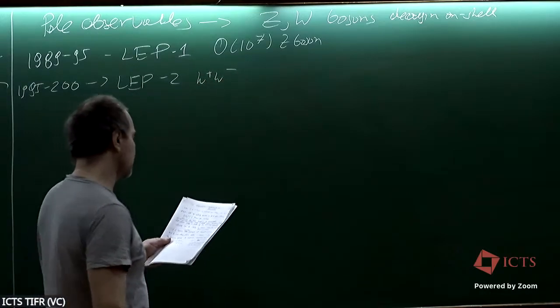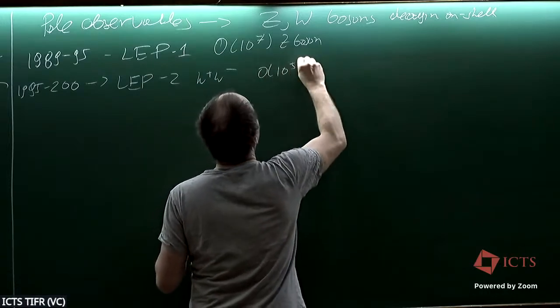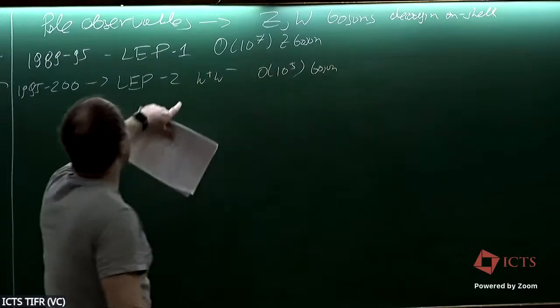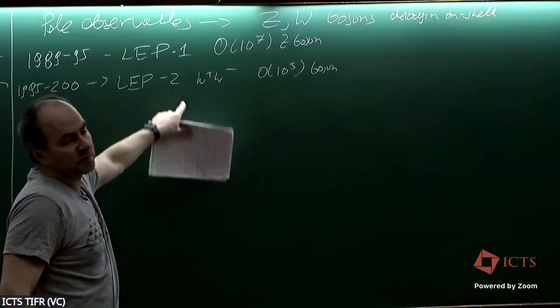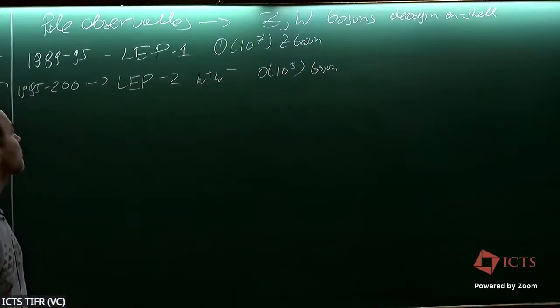But because when you're off pole the cross section is smaller, there were something like order 10^5 bosons. So the precision obtained for W bosons was a bit inferior. It was closer to the percent than the per mil.